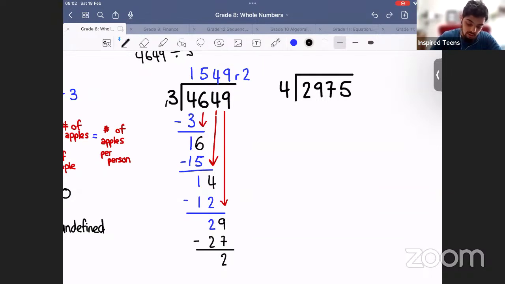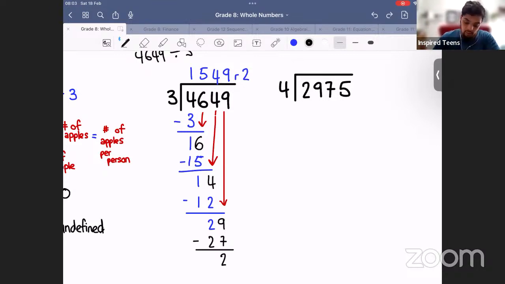Then we ask, how many times does 3 go into 16? The answer is 5. 5 times 3 is 15. When we subtract, we get 1 again. 3 cannot go into 1, so we bring down our 4 and it becomes 14. How many times does 3 go into 14? The answer is 4, because 4 times 3 is 12.